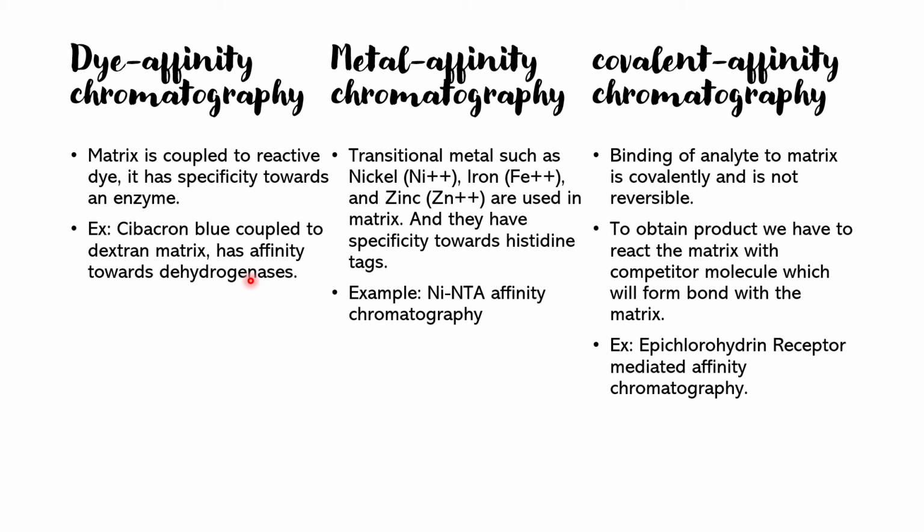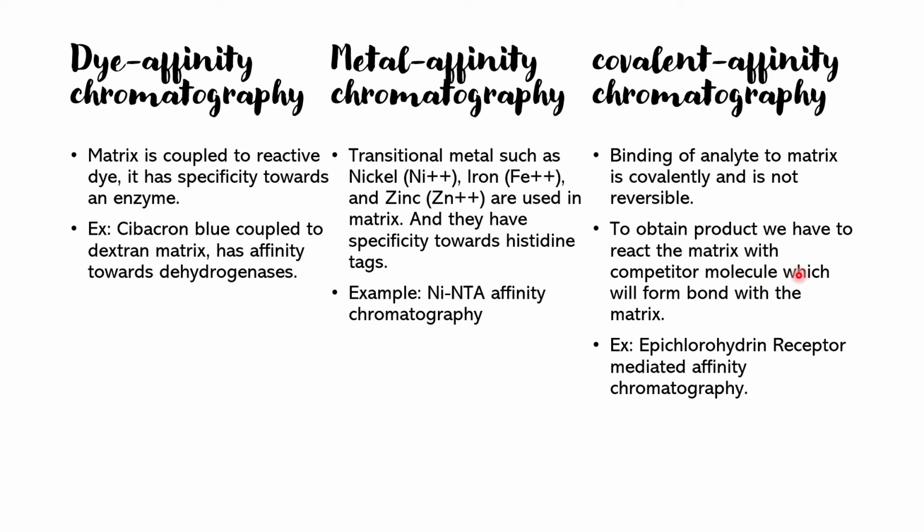To break that bond we need to add something extra which can react with the bond formed with that particular molecule, and then that bond will be broken so that our molecule of interest gets eluted out. A simple example is epichlorohydrin receptor mediated affinity chromatography. Here the matrix has epichlorohydrin as a receptor.